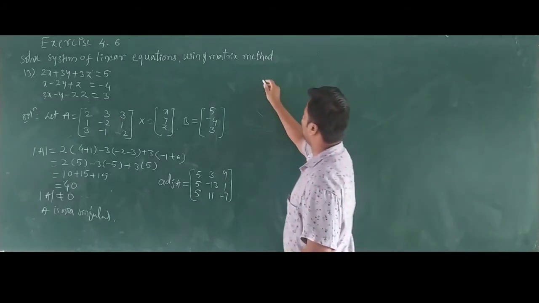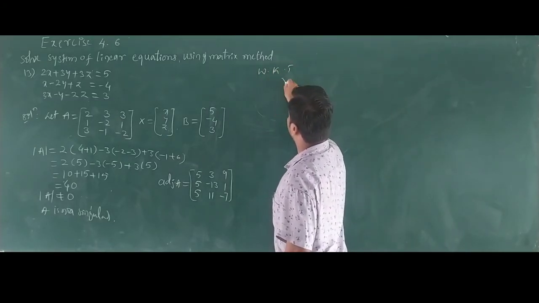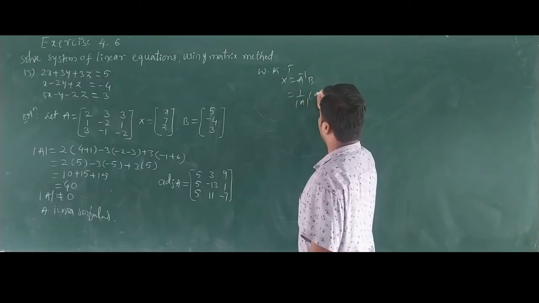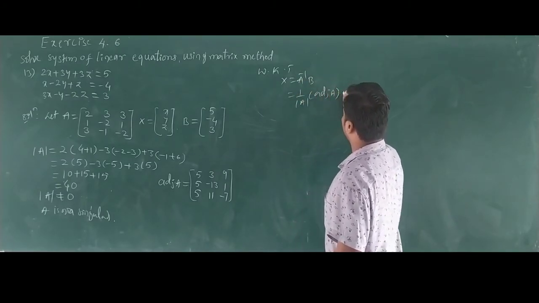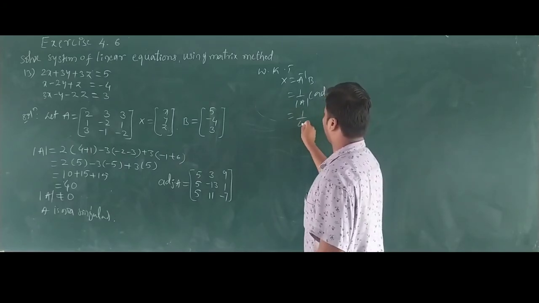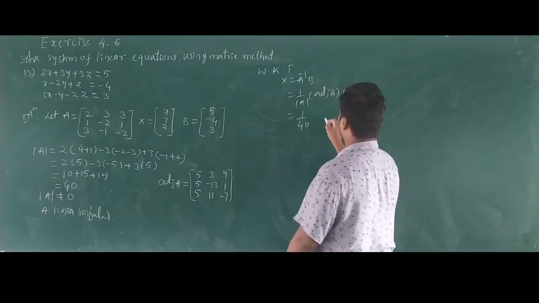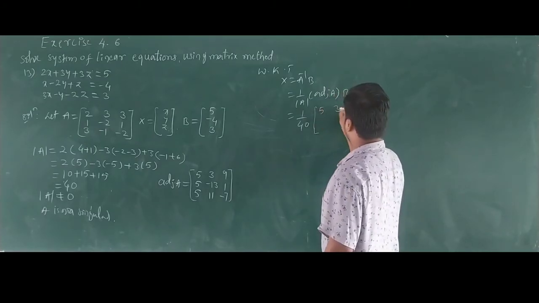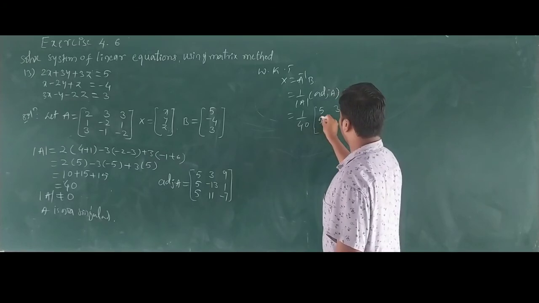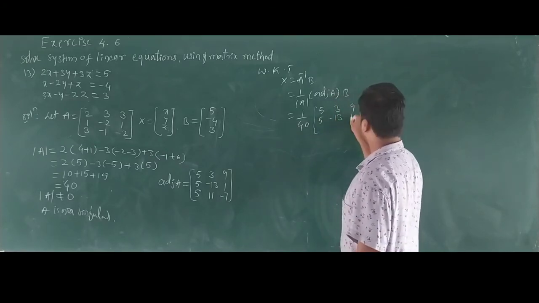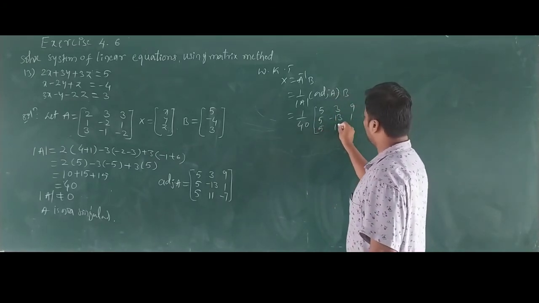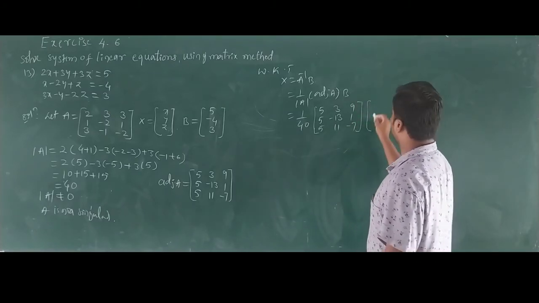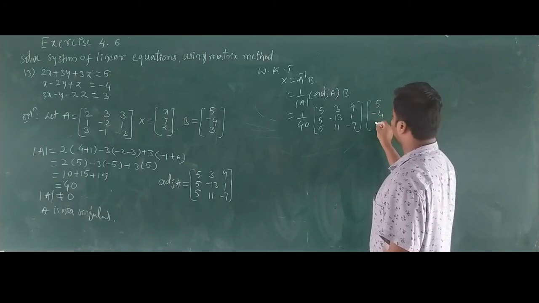Next, we know that x equal to A inverse into B, that is 1 by determinant of A into adjoint of A into B. Determinant of A is 40, so 1 by 40, adjoint of A is 5 3 9, 5 minus 13 1, 5 11 minus 7, into B value 5 minus 4 3.